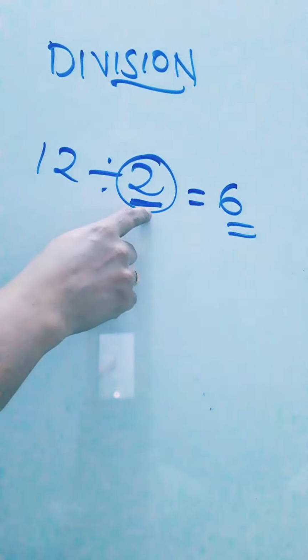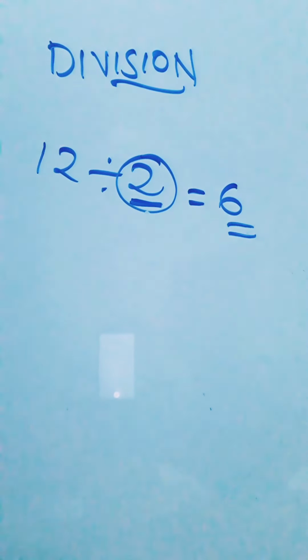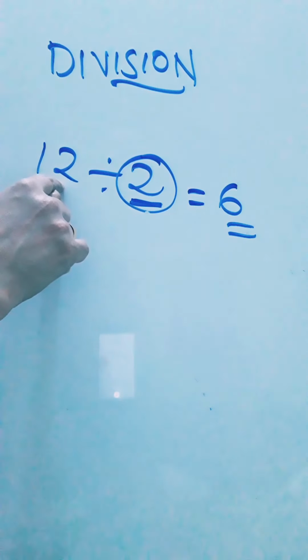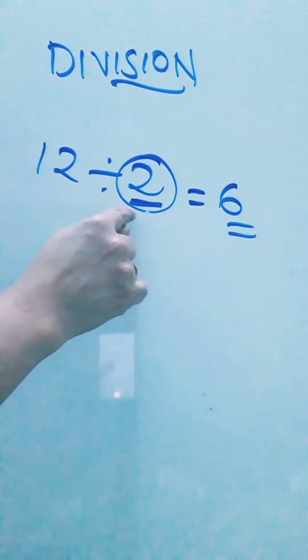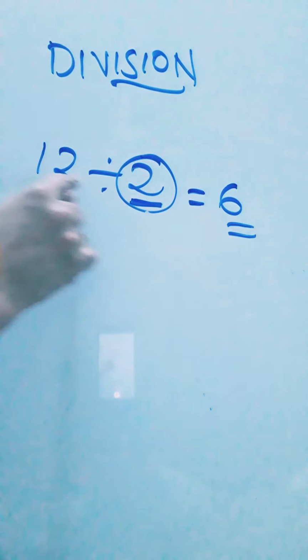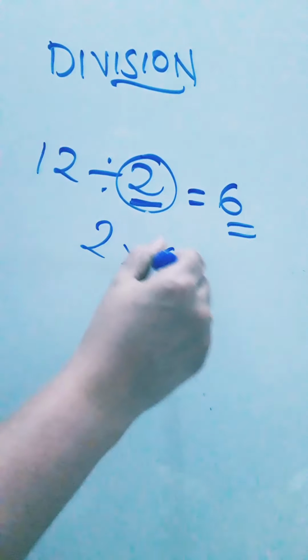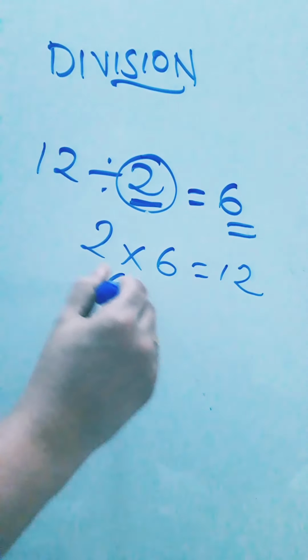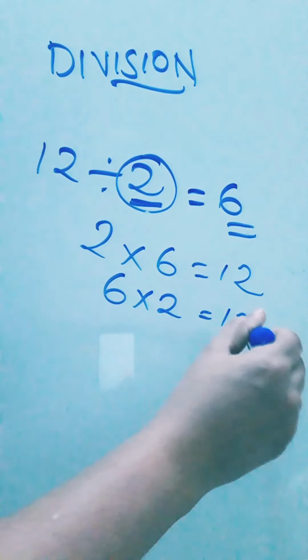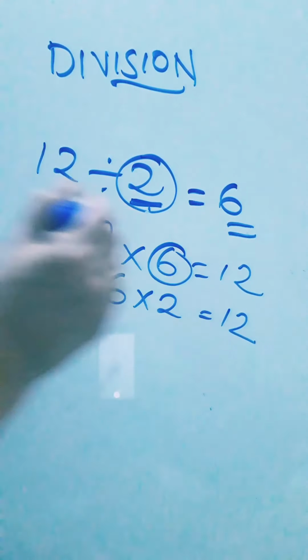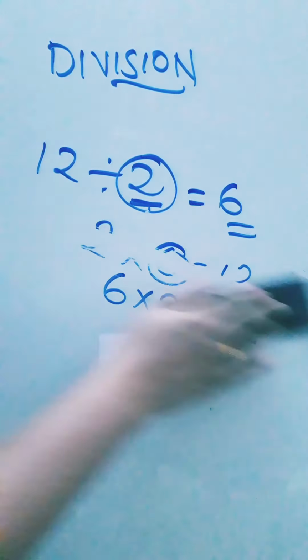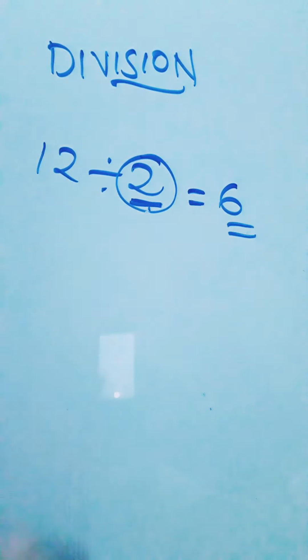When you remember 2's table, 1 2's are 2, 2 2's are 4, 3 2's are 6, 4 2's are 8, 5 2's are 10, 6 2's are 12. So how are you getting 12? 2 into 6 equals 12, or 6 into 2 is equal to 12. So what is the answer here? 6. This answer is called the quotient.